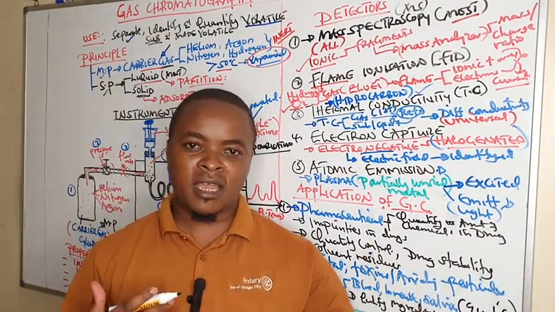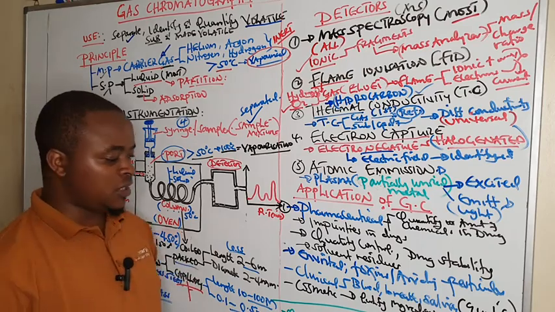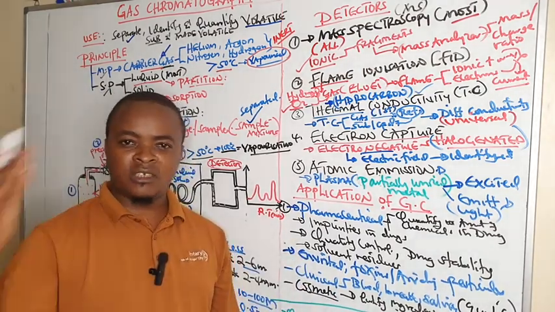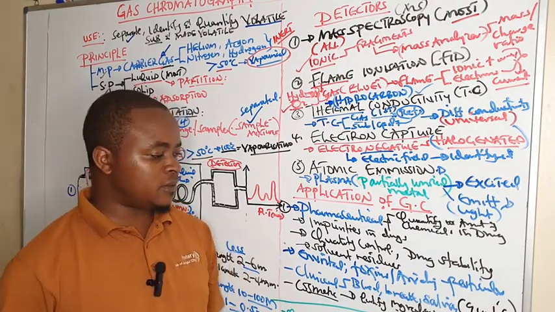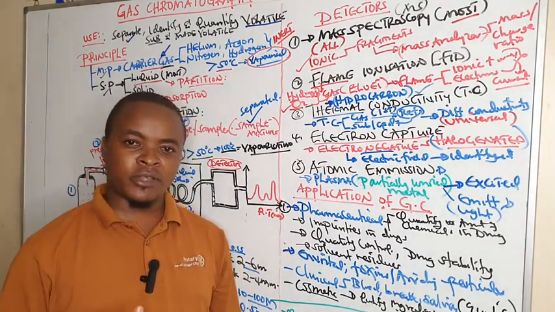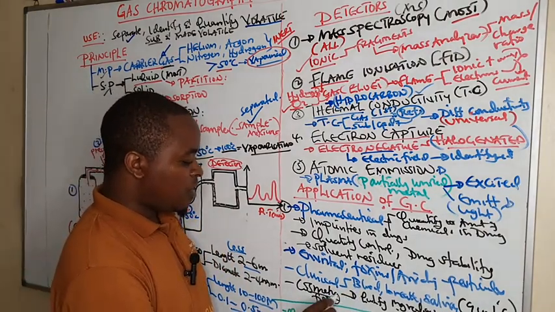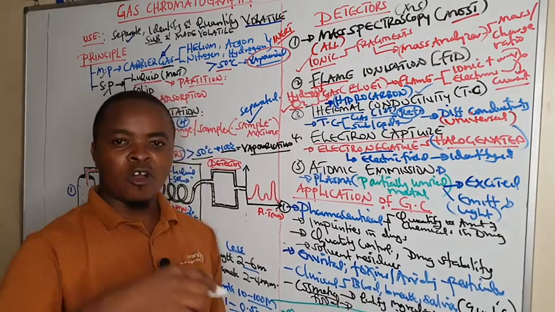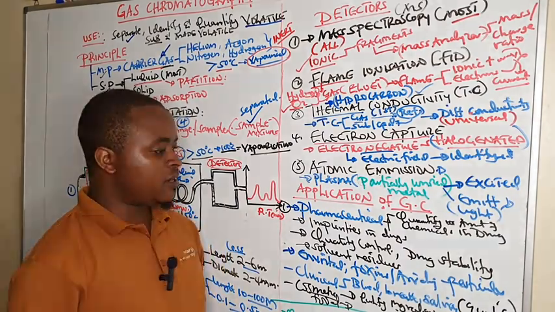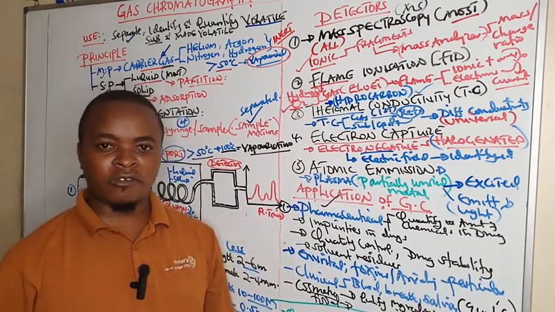Before I produce any cosmetics, like either Vaseline, it can be a lotion, we can use gas chromatography to quantify different ingredients within this product and determine their purity, at the same time to quality control them. At the same time, we can use it in food industry, whereby food industry we are still looking for presence of toxic substances in food products being produced. So this is how we can apply gas chromatography.